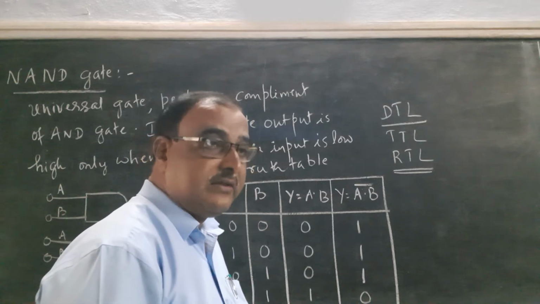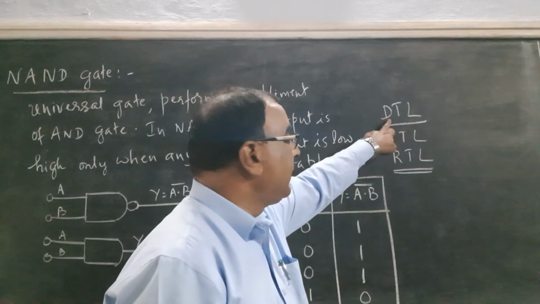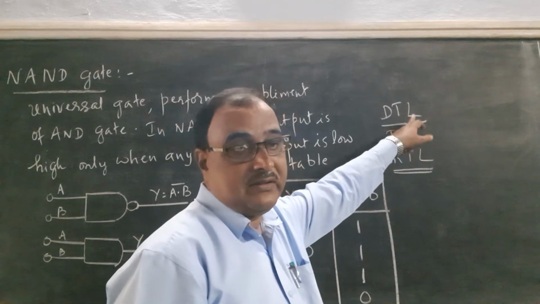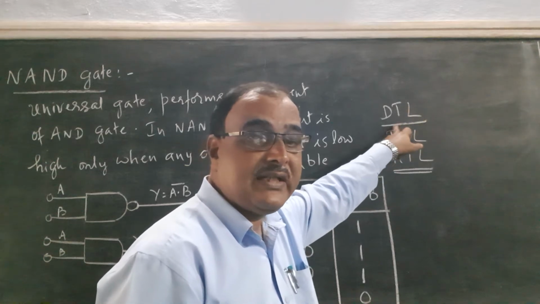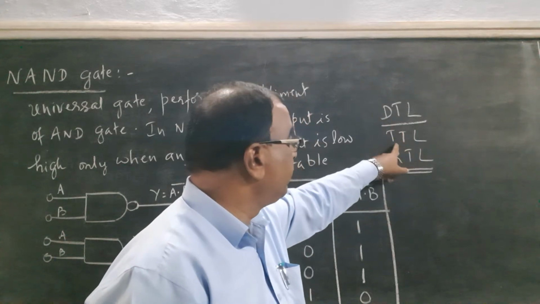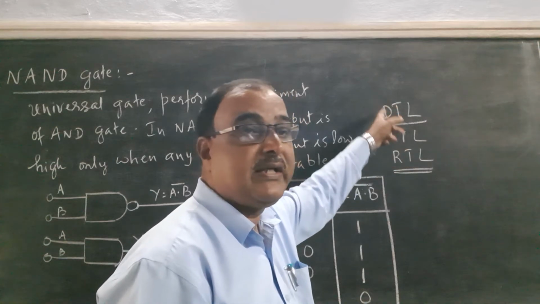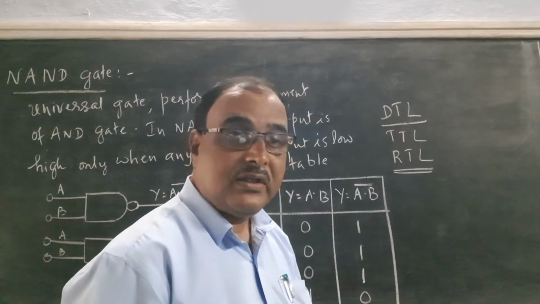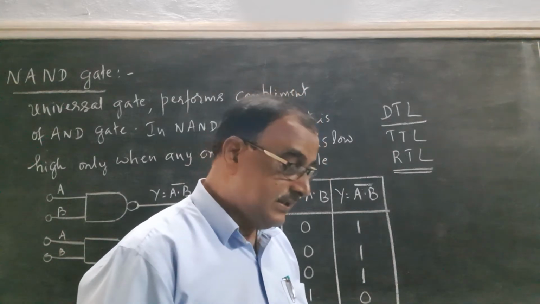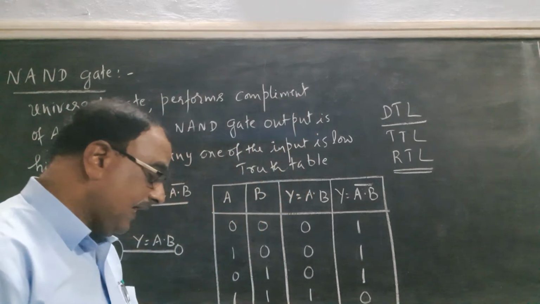Later on, the performance of the RTL gate was improved by connecting a diode and a transistor. The performance of this DTL gate is better in comparison with this, and the performance of TTL, transistor transistor logic, is much better than these two. So there is a regular improvement of the performance of the different gates. So we shall consider the DTL NAND gate.